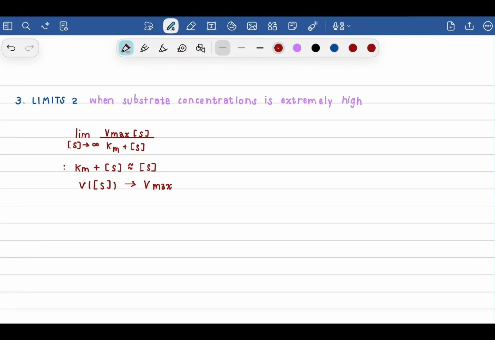Okay, limit 2, when substrate concentration is extremely high. Next, let's take the limit as the substrate goes to infinity.